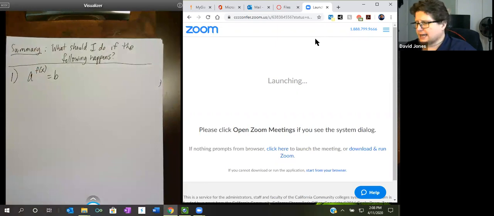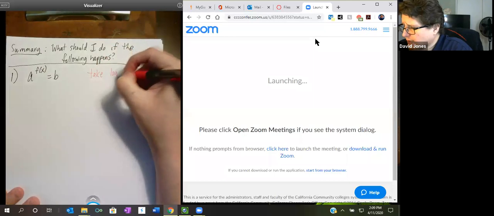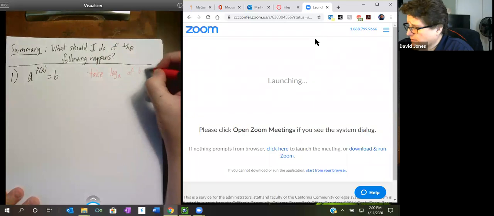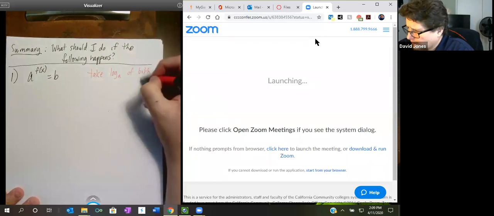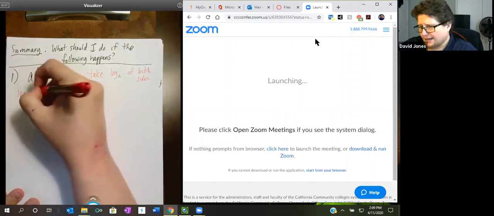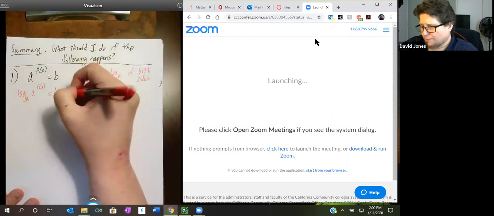Here I want to take log base a of both sides. Log base a of a to the f of x equals log base a of b.